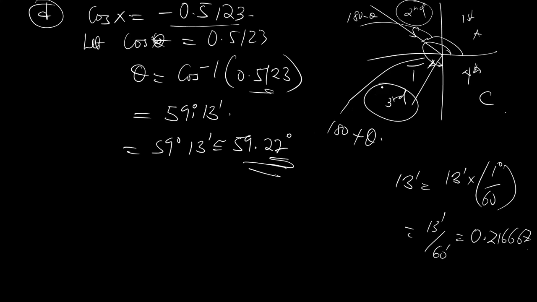Now for the first one, since cos is negative at the second quadrant, which is 180 minus theta, this will be equal to 180 minus 59.22.